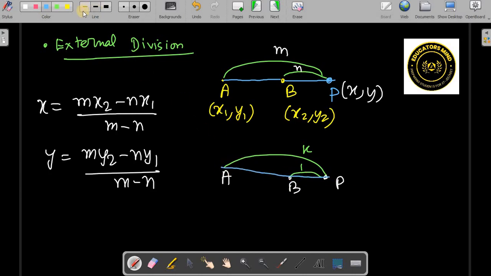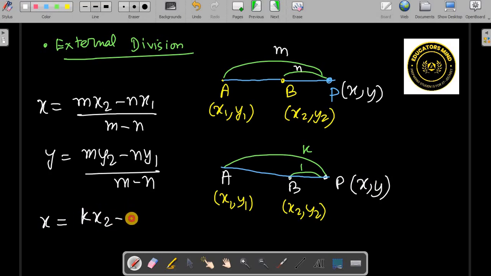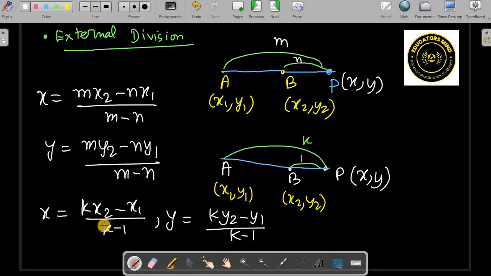If the ratio is taken that way, with x1, y1, this is x2, y2, and this point P is x, y, then x can be given as (k x2 - x1) / (k - 1), and y will be given as (k y2 - y1) / (k - 1). Using this approach we can solve for coordinates.